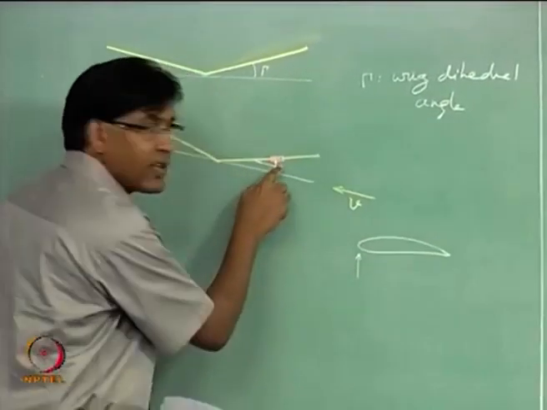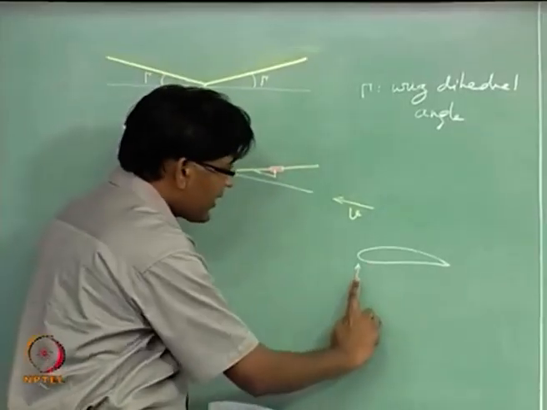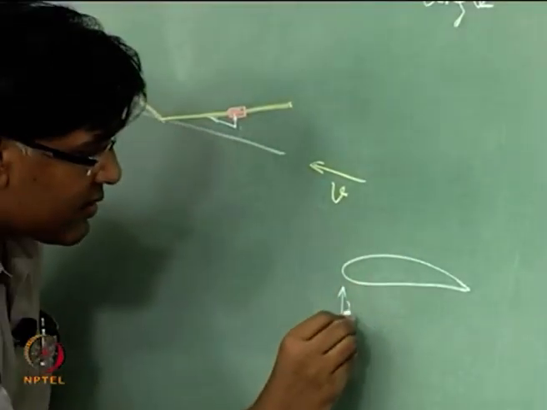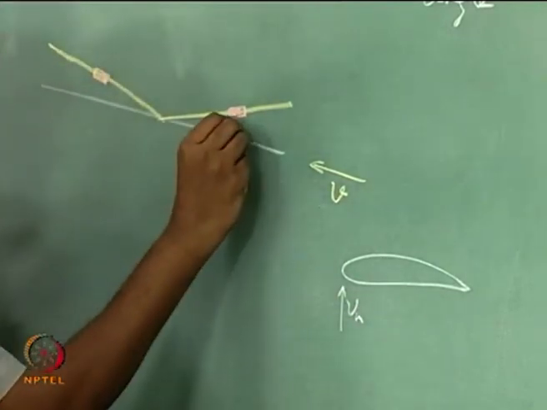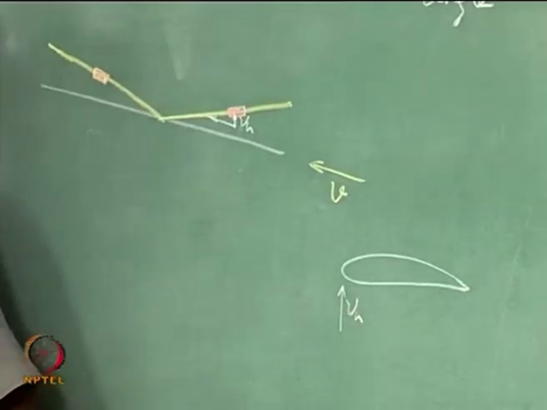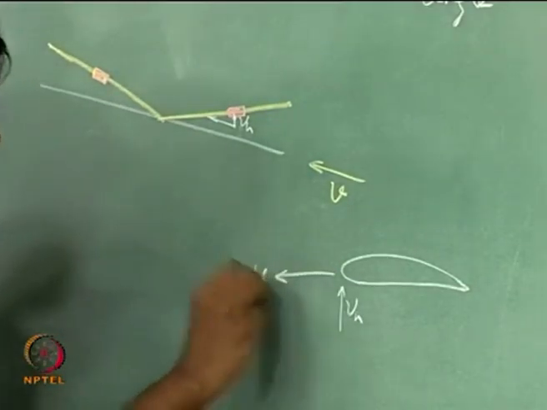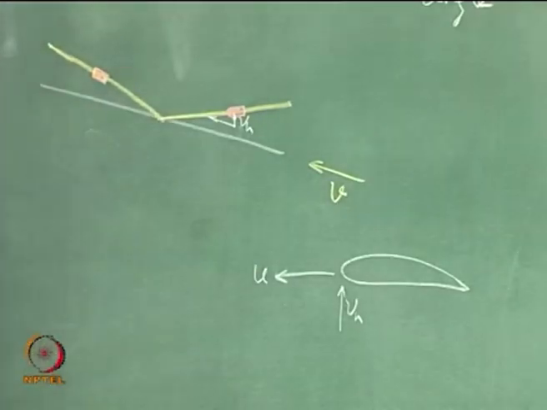This component is going to give me this velocity, V n, and the aircraft is moving with the velocity u in the forward direction.